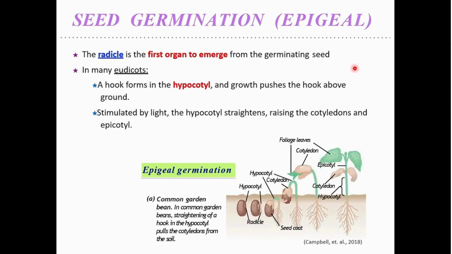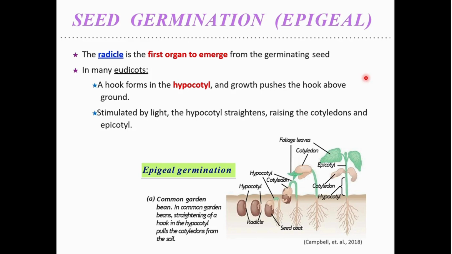In seed germination, the radicle is the first organ to emerge from the germinating seed. In many eudicots, a hook forms in the hypocotyl and growth pushes the hook above the ground.